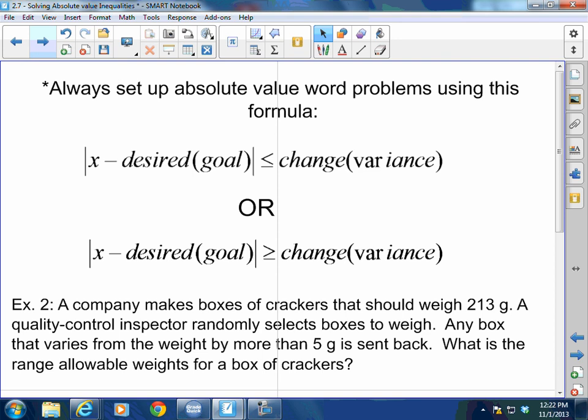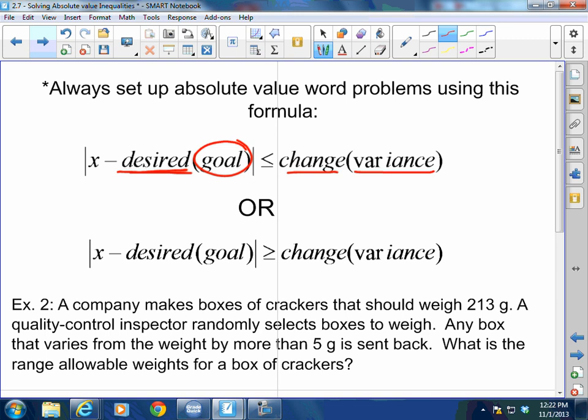First of all, guys, the absolute value equations are really, really simple, actually, if you learn the formula. Always set up absolute value word problems using this formula. It's x, what you're looking for, minus the desired amount or the goal, and then less than or equal to the change or the variance. Variance is change.